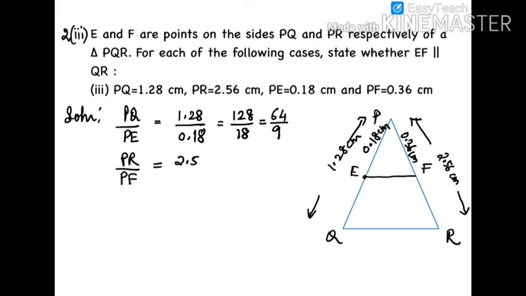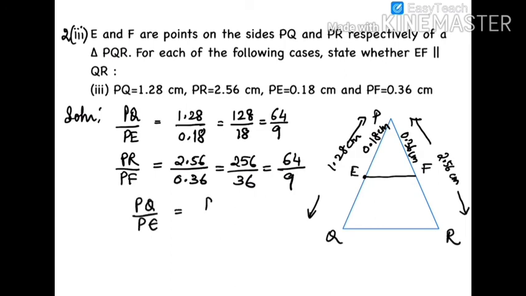We get 2.56 divided by 0.36. Reducing these numbers, I am dividing by 4. So 4 9s are 36 and 4 64s are 256. So we get these two ratios equal. PQ upon PE is equal to PR upon PF. And if the ratios are equal, this implies that EF will be parallel to QR.